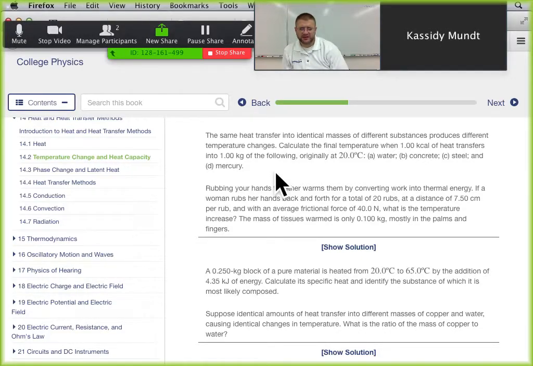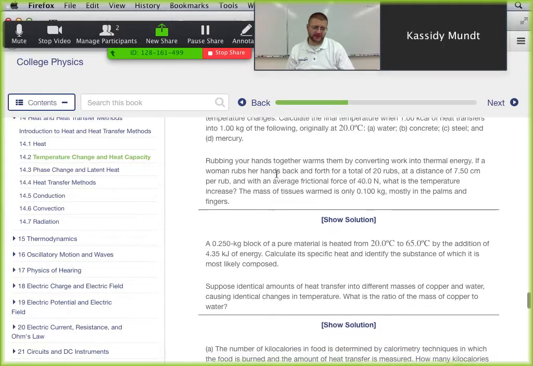Okay. So you're doing that problem right there. The 0.25 kilogram block of pure material is heated from 20 degrees to 65, adding energy, and we're going to calculate the specific heat and identify the substance of which it is most likely composed. And the 4.35 kilojoules would just be 4,350 joules, right?